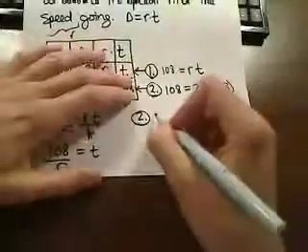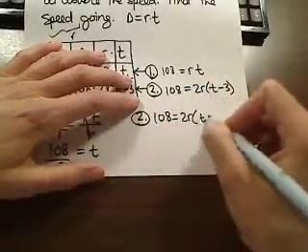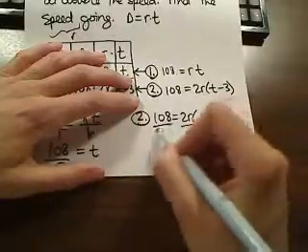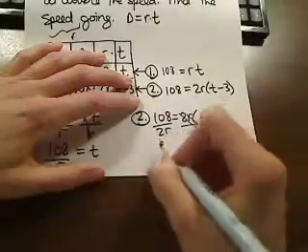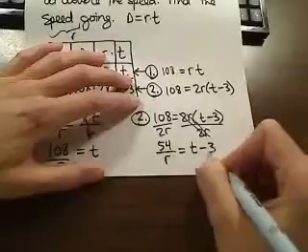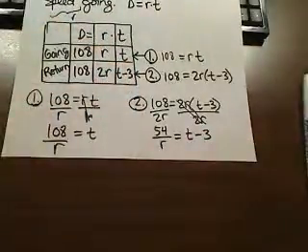And in the second equation, if I solve for t, the first thing I would need to do would be divide by 2r. 108 divided by 2 is 54 over r, equal to the t minus 3. And then we need to add the 3.